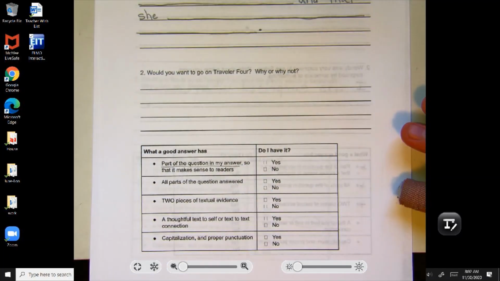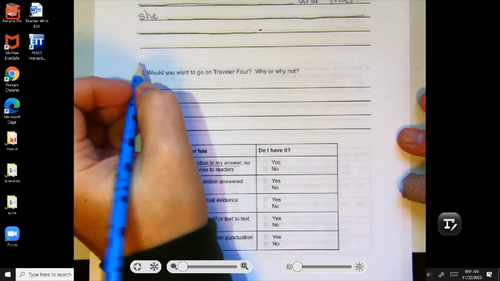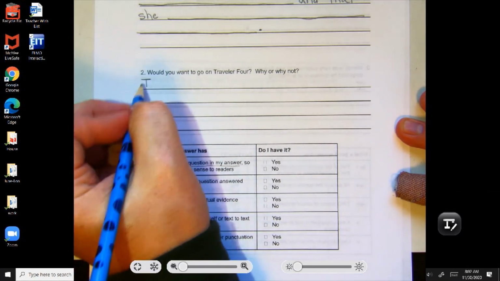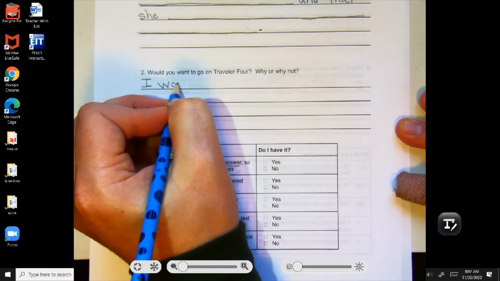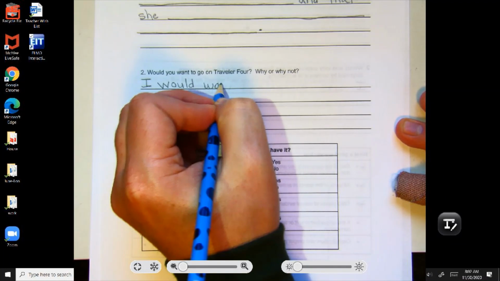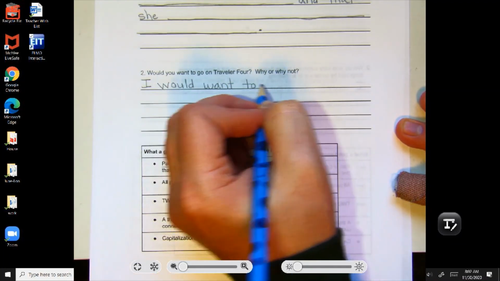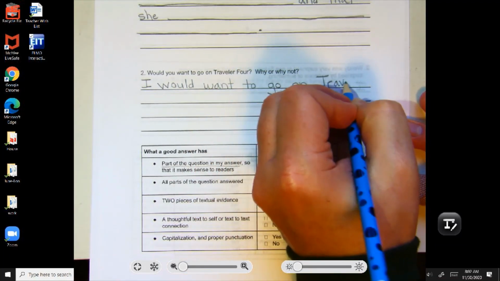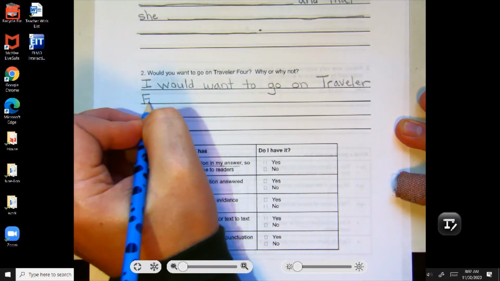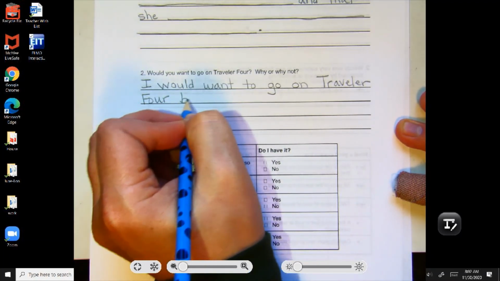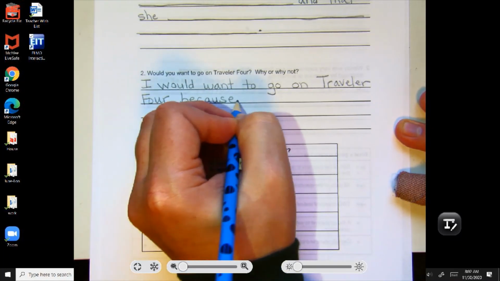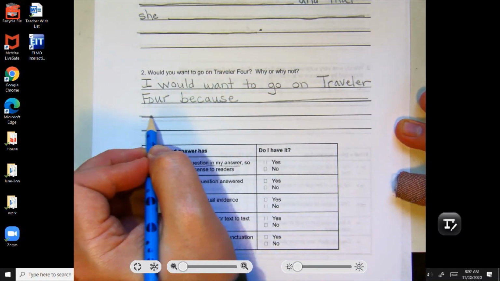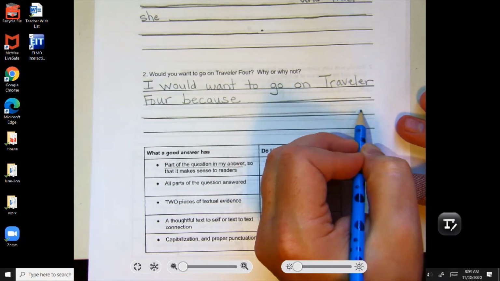would you want to go on Traveler 4? Why or why not? So, using part of the question in my answer, I would want to go on Traveler 4 because, right, what's your reason?